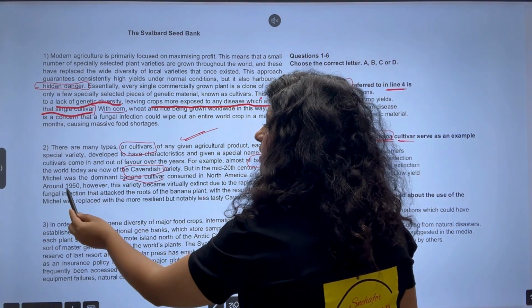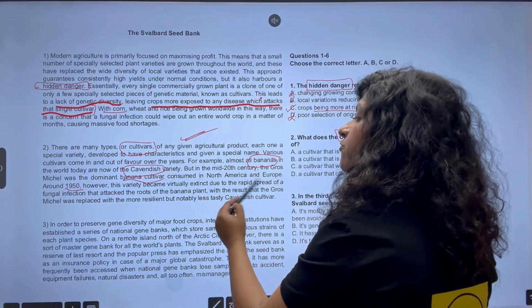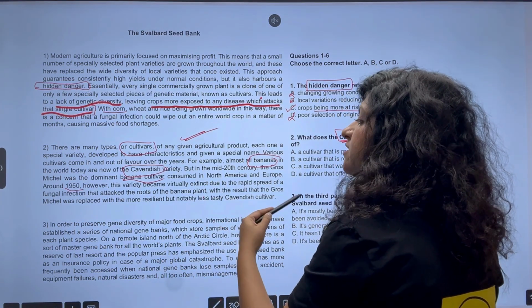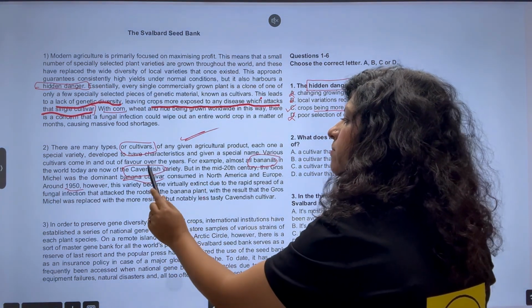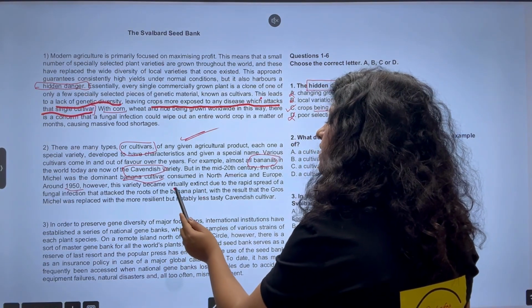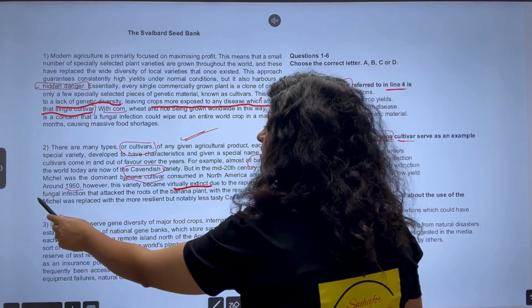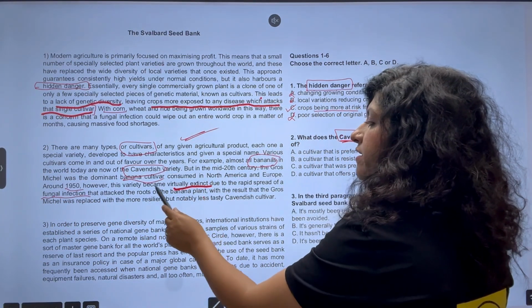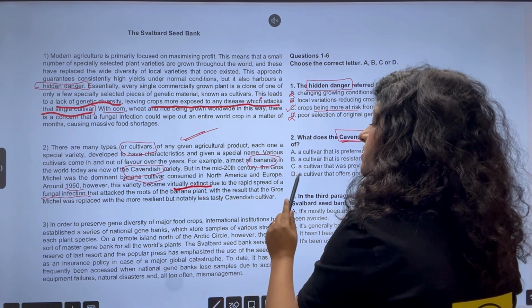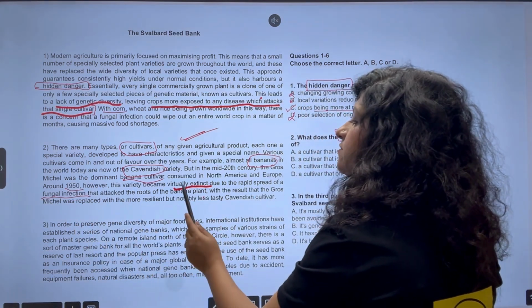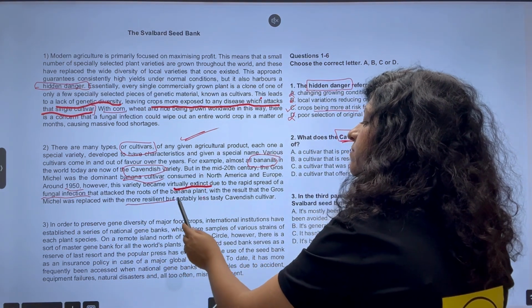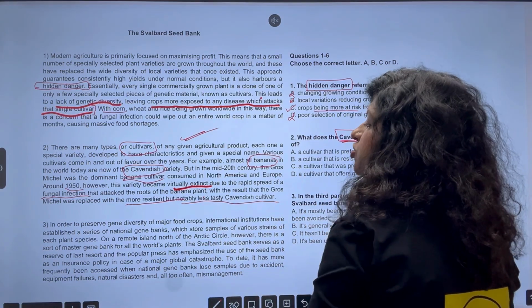Then around 1950, however, this variety became virtually extinct due to the rapid spread of a fungal infection. It attacked the roots of the banana plant, with the result that Gross Michael was replaced with the more resilient but notably less tasty Cavendish cultivar.